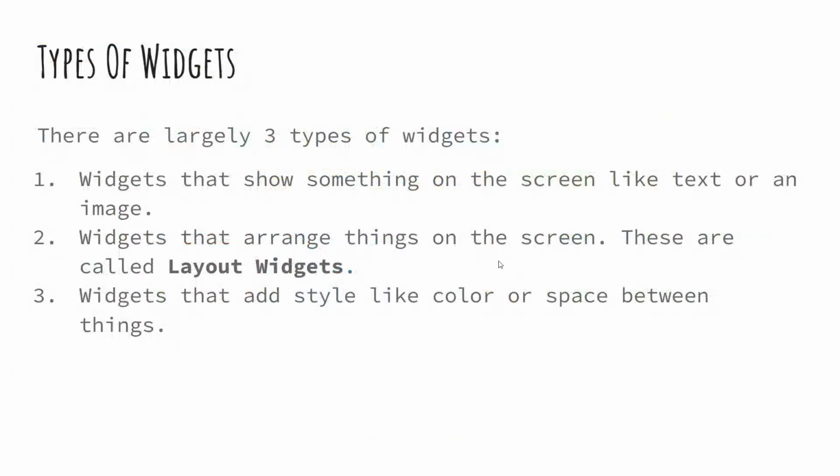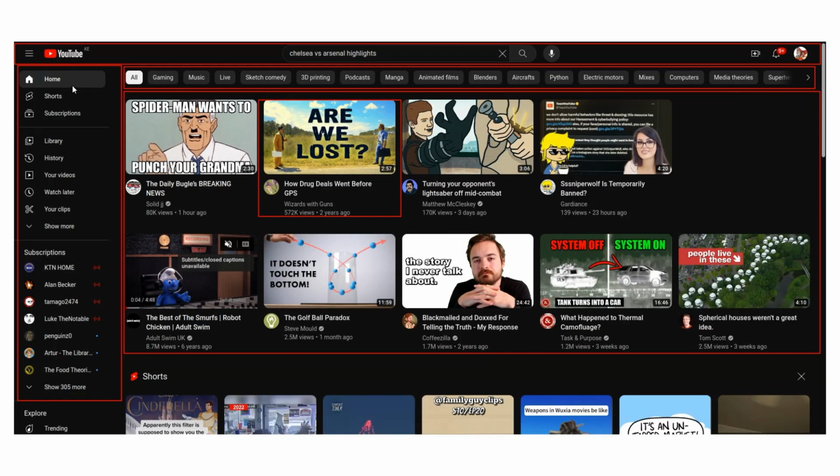We also have widgets that arrange the things on the screen. So as you see over here, see how all of these buttons have been arranged in a column. It looks like that because we put all of these buttons into a column widget. So there's a widget that arranges things in a column. There's a widget that arranges things in a row.